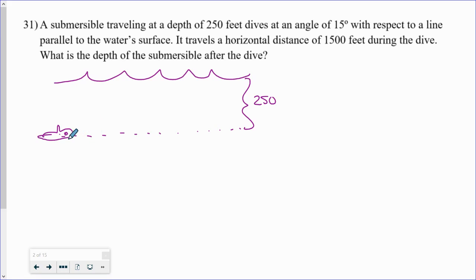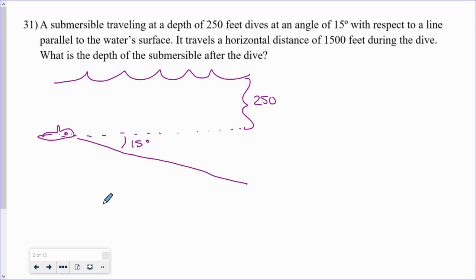But anyway, we are diving at an angle of 15 degrees with respect to a line parallel to the water surface. Here's my line that's parallel to the water surface. So I'm going to dive at a 15-degree angle relative to that line.